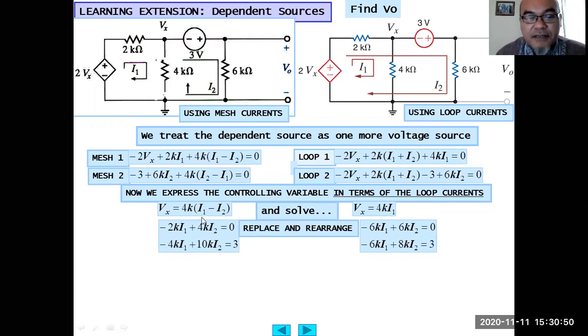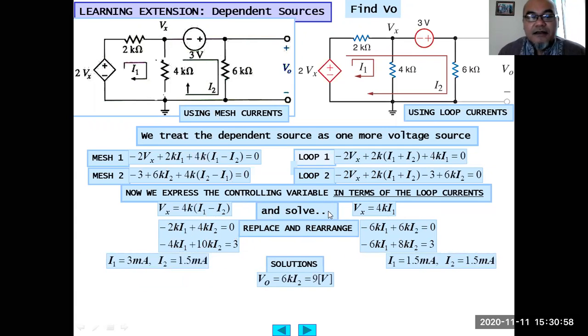Solving from here, after replacing and rearranging, we obtain these two equations, depending on which method we are using. We will have I1 equals 3 milliampere in this case, and I2 equals 1.5 milliampere. However, here the mesh and loop currents will be I1 equals 1.5, while I2 equals 1.5 milliampere.